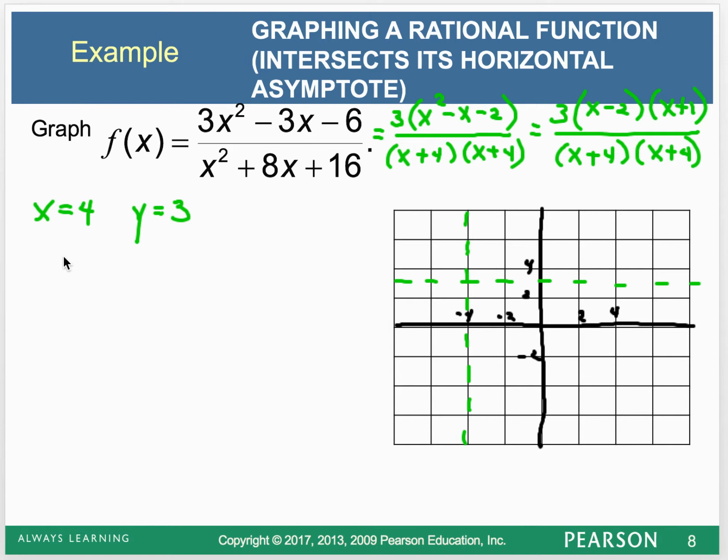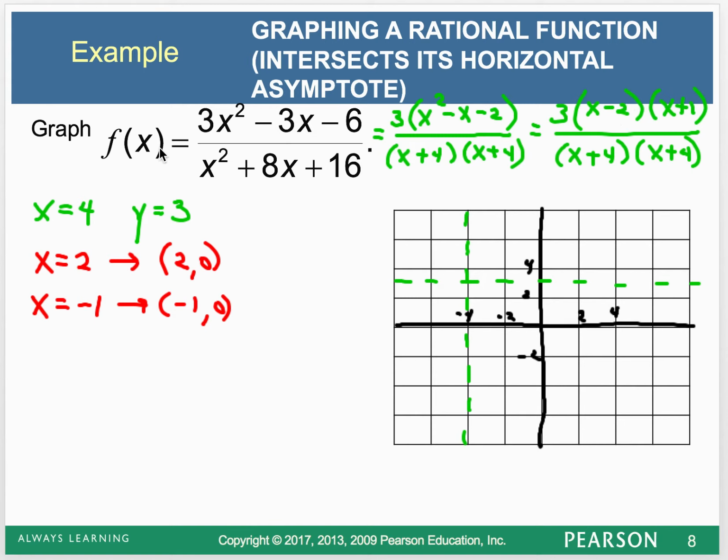So this time we've got two x-intercepts. We've got an x-intercept when x is 2, that is the point 2, 0, and when x is negative 1, so negative 1, 0, from right here.